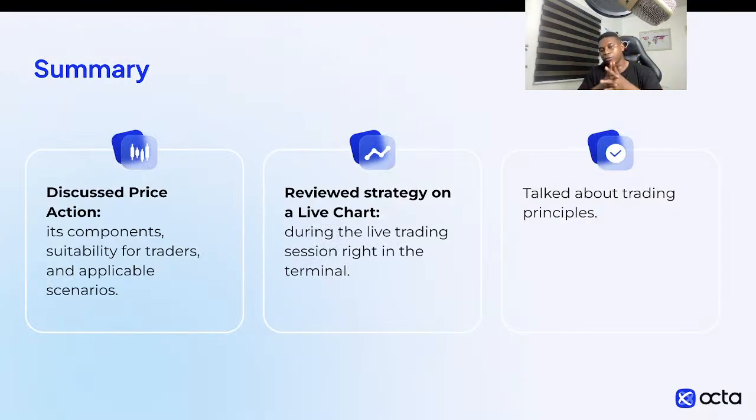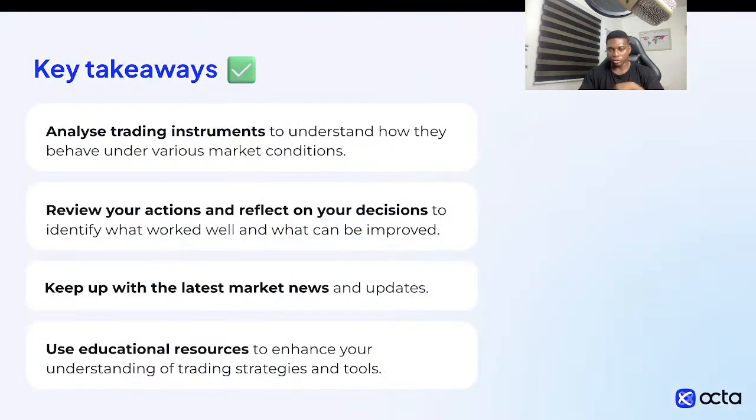Now, here is a quick summary of what we've just learned today. We've looked into price action and its components. It's suitable for traders and it's applicable in all scenarios. It's important that you understand that putting all the principles of trading into action before trading is very, very important.